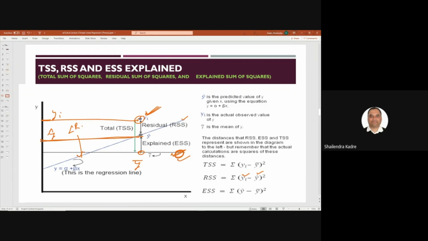Your model is telling you this value, but the actual value is this, and the most stupid model says the actual value is the mean. How much closer you have gone to the actual value is called explained variance. You have to cover the gap between actual and mean, where actual is yi, the model gives y hat, and the mean is y bar.